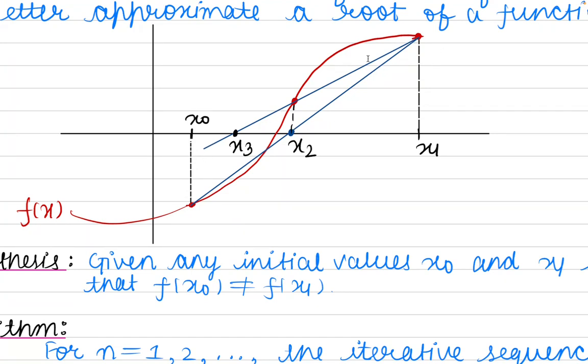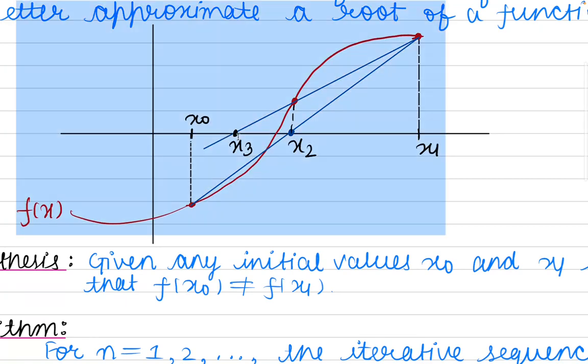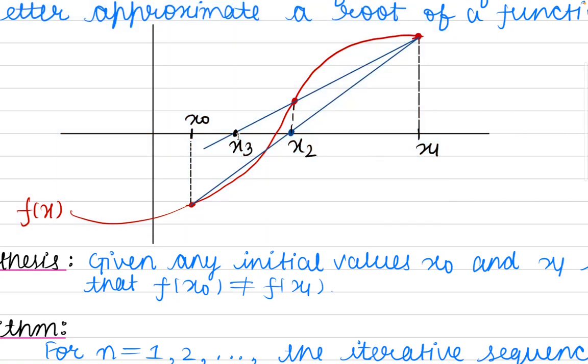Sorry, again you join the line passing through x2 comma f of x2 and x1 comma f of x1, and you pass it through the x-axis, and again it will intersect the x-axis at a unique point, and that unique point is your next iteration in the sequence, and we are calling it x3, and you keep on doing it.